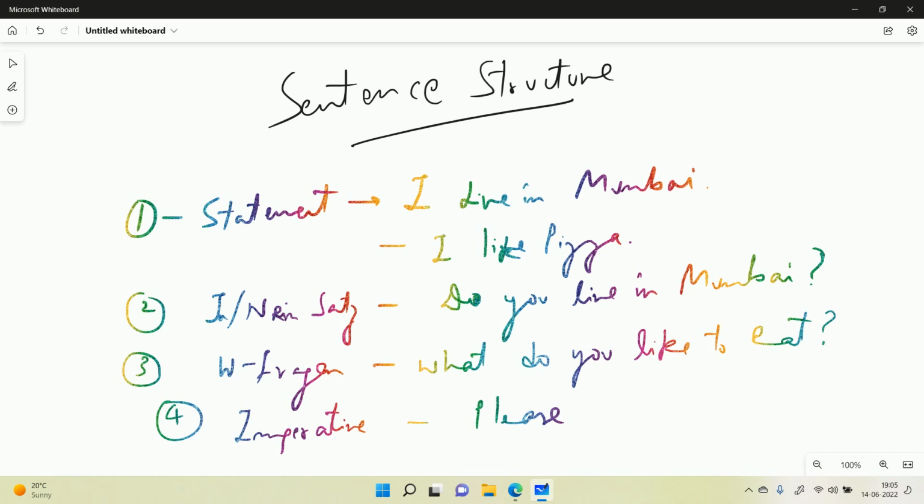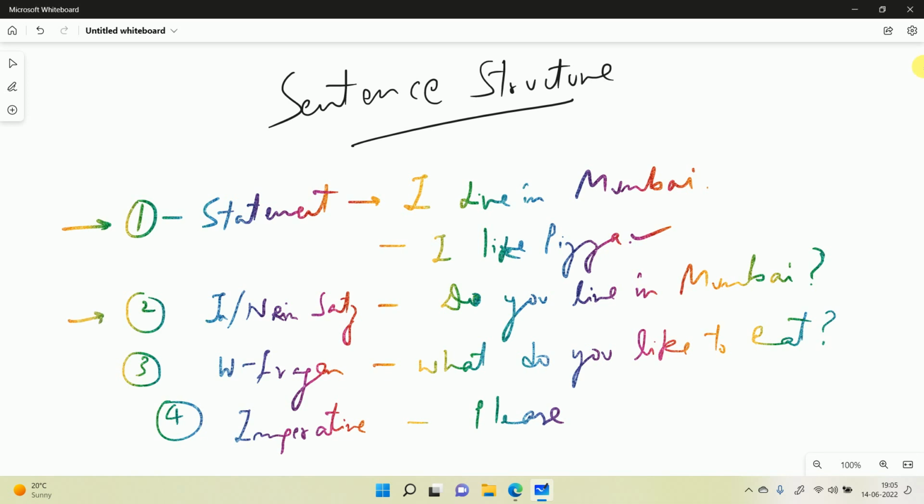One of them is a statement, which conveys some information. For example, I live in Mumbai. There is no question asked, nobody is expected to give any reply. Just listen to it and understand that I live in Mumbai. I like pizza. Nobody is expected to take any action against my statement.